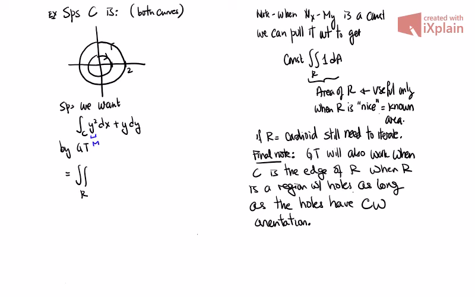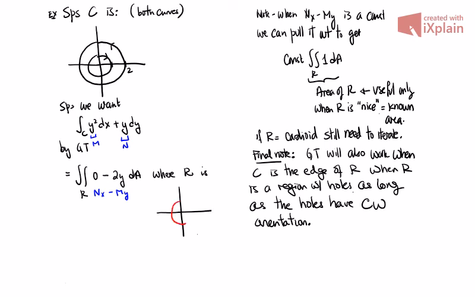This is our M, this is our N. So we're going to do N sub x, which is 0, minus M sub y. This is our N sub x minus M sub y. And let me draw R. This is where R is, and then it'll help us see what's going on with the counterclockwise-ness of all of this.